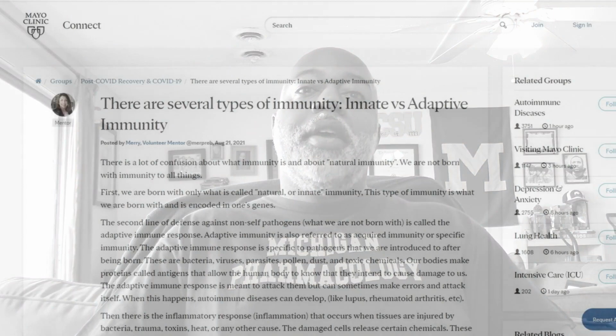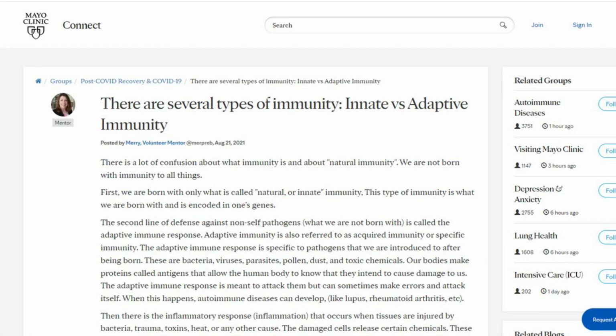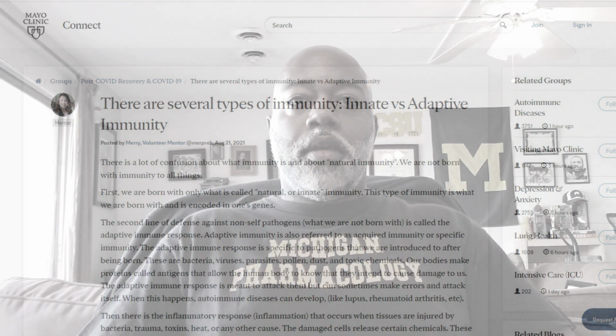I believe this is posted by Mary. It's entitled "There are several types of immunity, innate versus adaptive immunity." And this was written in August of 2021, right around my birthday. There is a lot of confusion about what immunity is and about natural immunity.